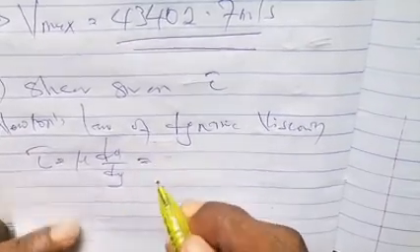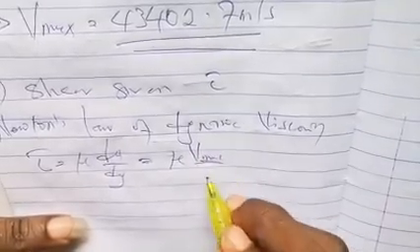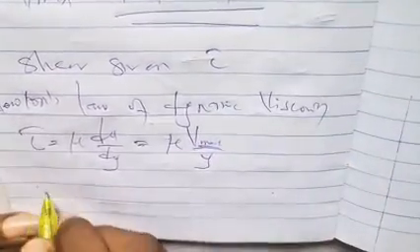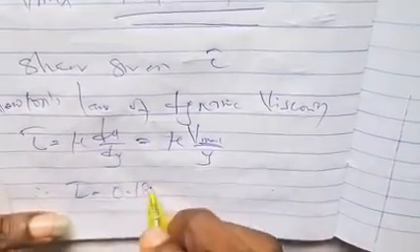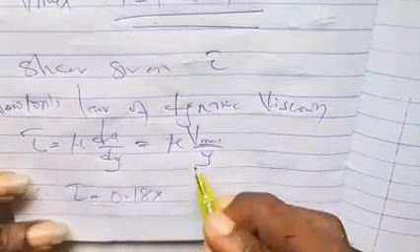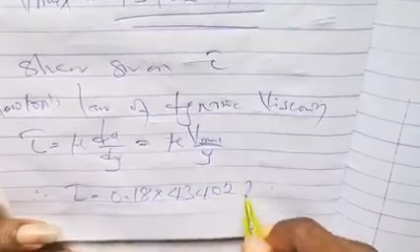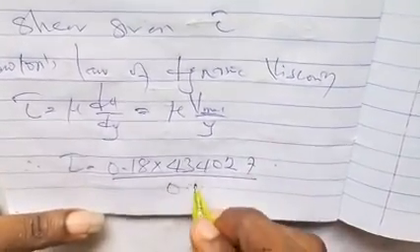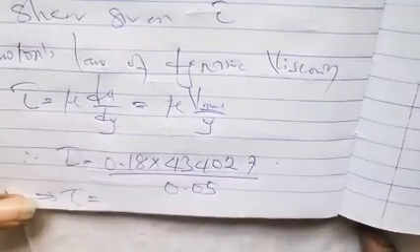So that means we can actually write this as mu Vmax all over y. Of course, Vmax is the maximum velocity. Therefore, shear stress tau is mu, which remains 0.18 from the question, multiplied by Vmax, which gave us 43,402.7, all over y, which is the thickness, 0.05.